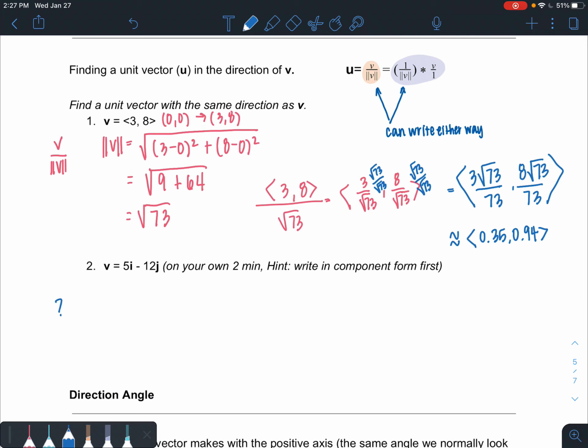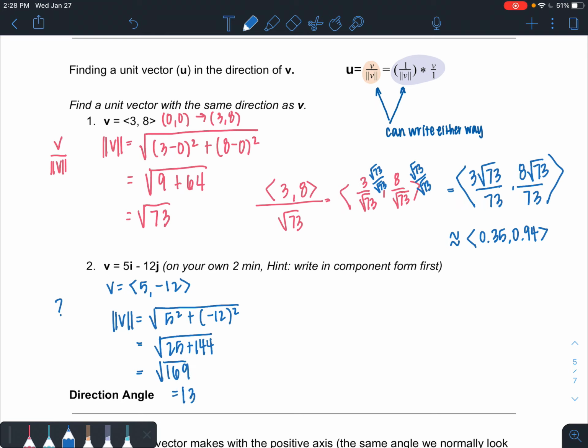Okay, go ahead and try this next one on your own. All right, so let's first put it in component form. This is equal to 5, negative 12. Then the magnitude of v is the square root of 5 squared plus negative 12 squared, which is 25 plus 144, the square root of 169, which equals 13.